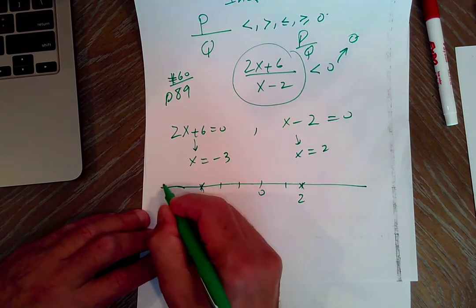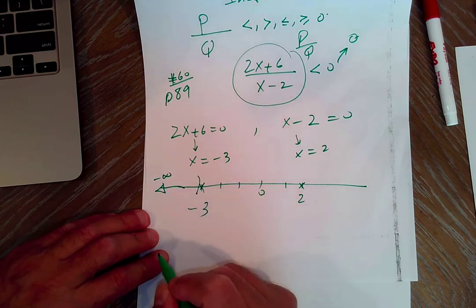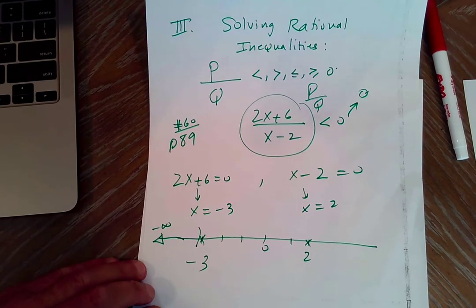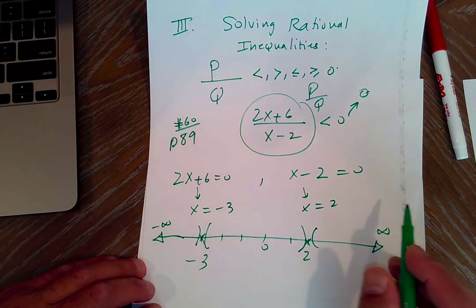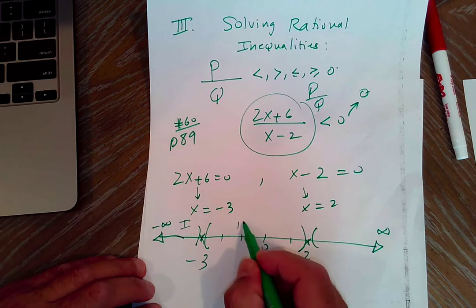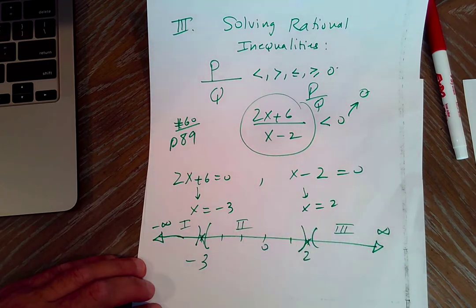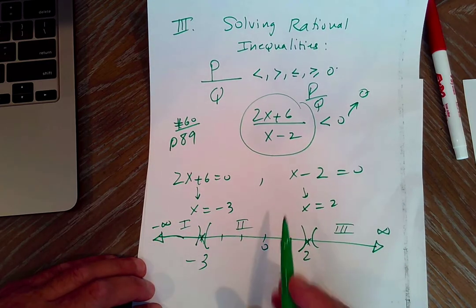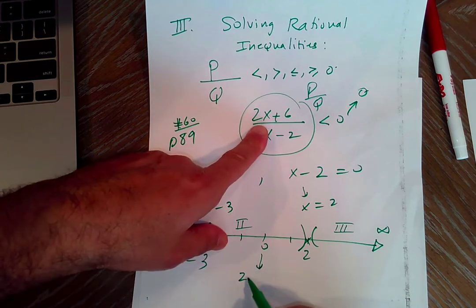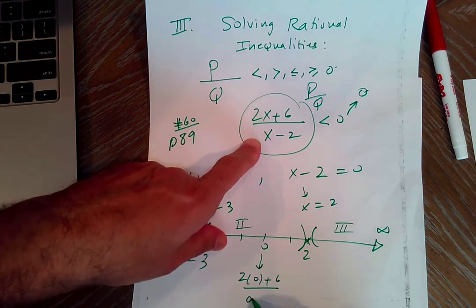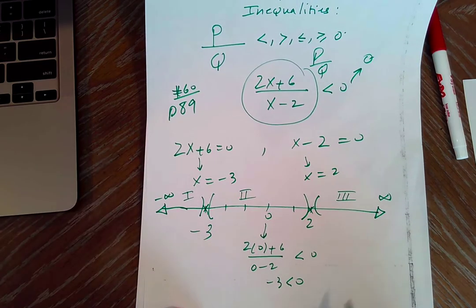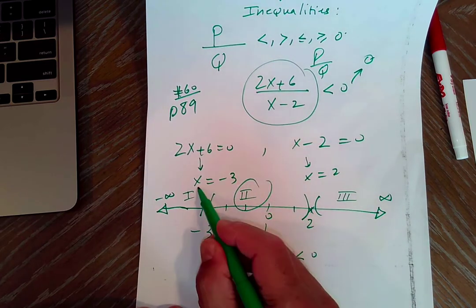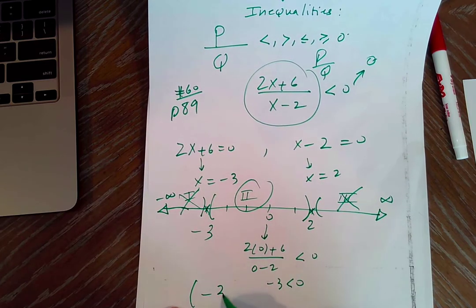So we have the interval from -infinity to -3, and then -3 to 2, and then 2 to infinity, and obviously we should have parentheses. Again, they will alternate as long as none of these show up twice, an even number of times. Put a 0 in there: 6 over 0 minus 2, so 6 over -2, that's true. It's a solution, so this is a solution, not a solution, a solution, and that's my solution interval.